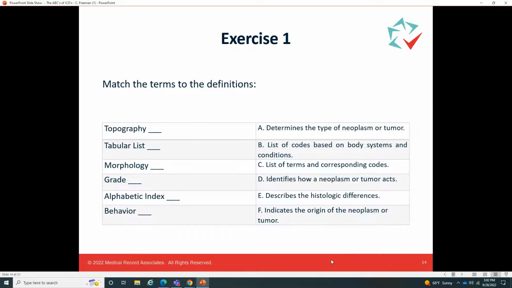And lastly, the behavior, which leaves us with D, identifies how a neoplasm or tumor acts.